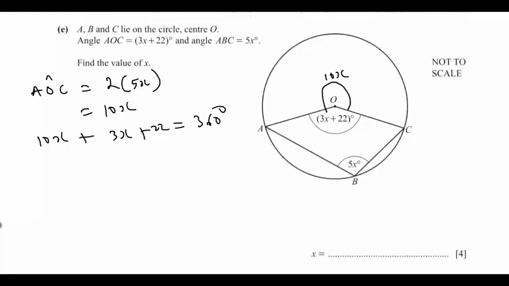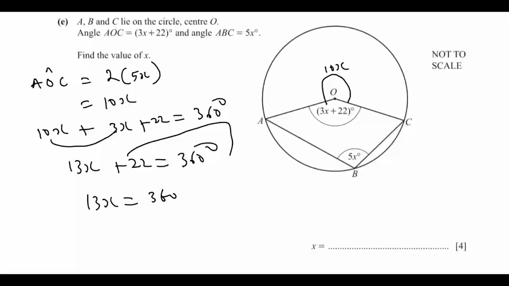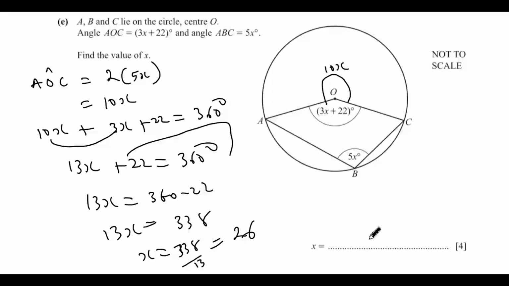Let's scroll up a little bit. So this and this add up to 13x, plus 22 equals 360 degrees. This one goes there and becomes negative. So we have 13x equals 360 minus 22, so 13x equals 338. If you divide both sides by 13, x will be equal to 338 divided by 13, and that equals 26. So the value of x equals 26 degrees.